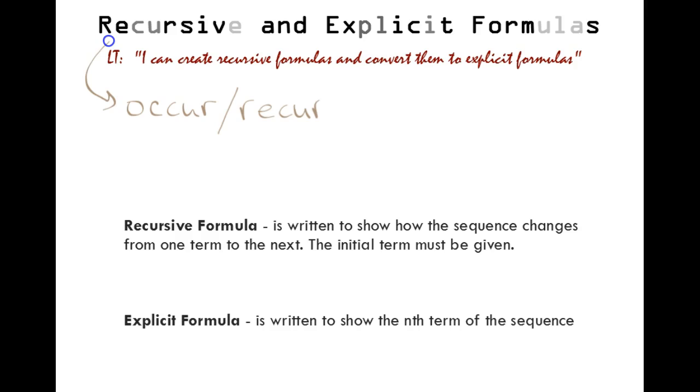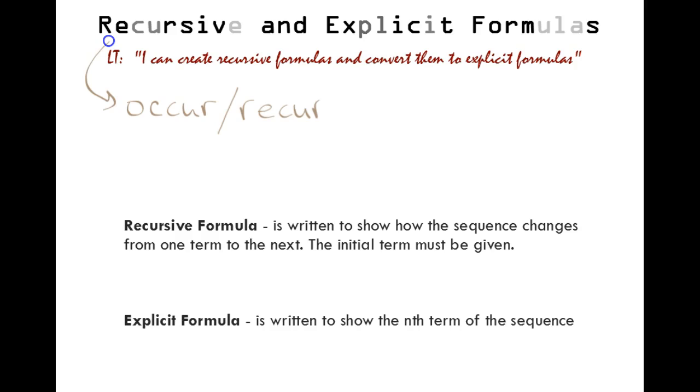But the way you write a recursive formula, you basically say the thing that keeps happening. So it says it is written to show how the sequence changes from one term to the next, and the initial term must be given. So the initial term is not embedded into the equation like it is with an explicit formula.